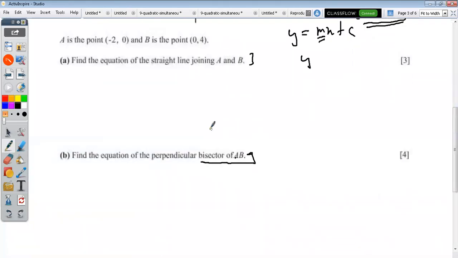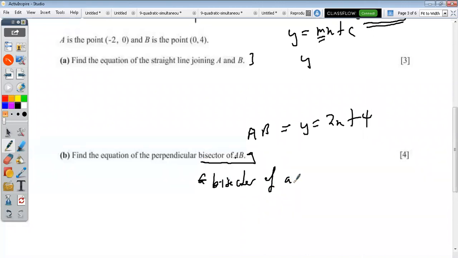So we said the equation of AB is y is equal to 2x plus 4. Now the equation of the bisector of AB. Because it's perpendicular, its gradient is the negative reciprocal of this gradient.